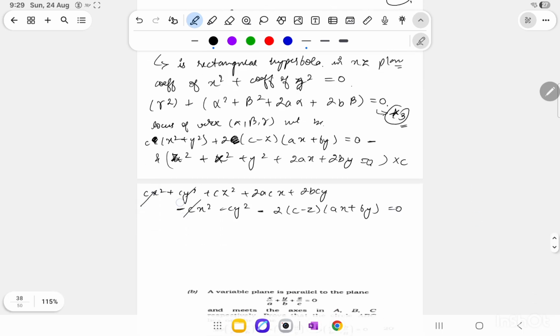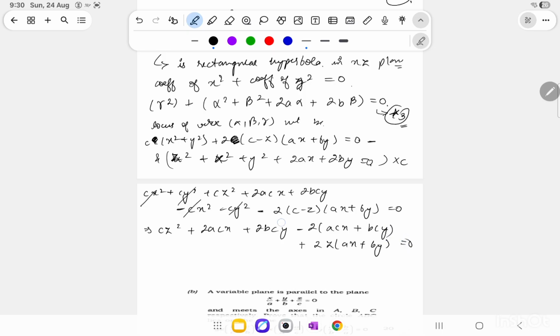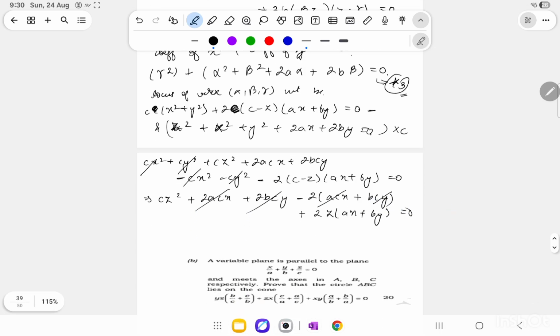If I simplify it, I will get cz square plus 2acx plus 2bcy minus 2acx plus bcy plus 2z into (ax plus by) equals 0. So these two terms balance out with this one. So we'll get cz square plus 2z (ax plus by) equals 0.